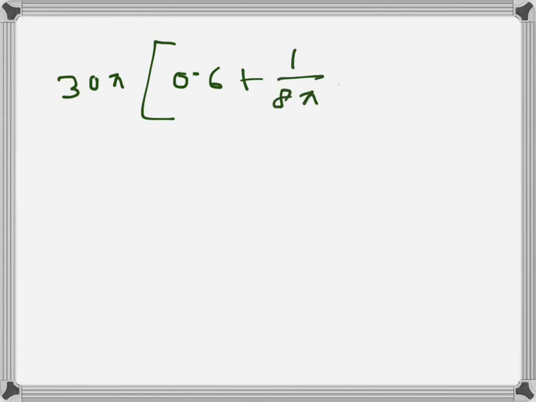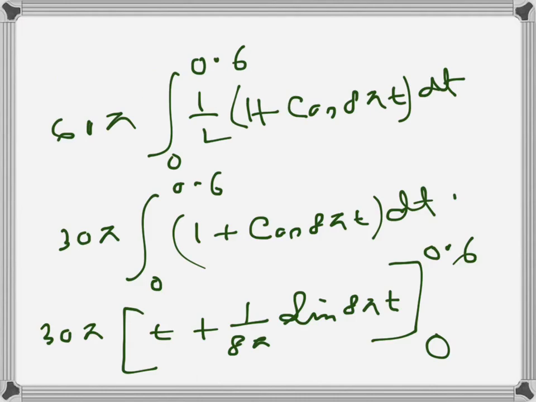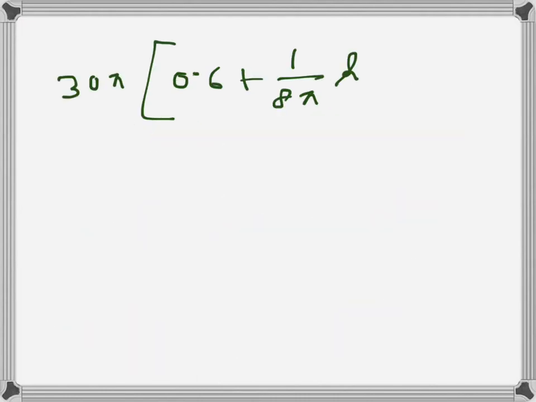So this will become 30π times, 0.6 plus 1 over 8π times sin 8π times 0.6, and then minus 0, and sin 0 is also 0, so the lower limits are becoming 0.